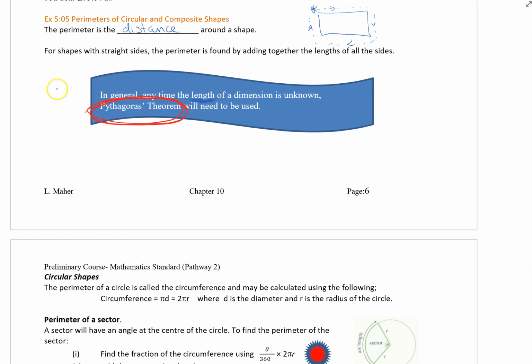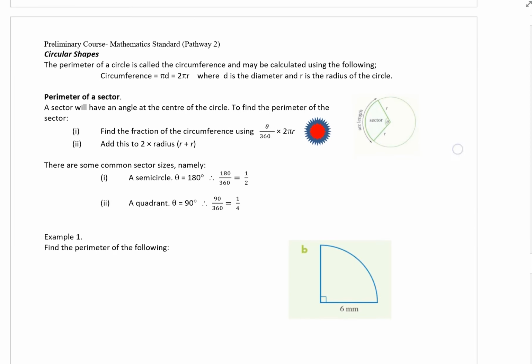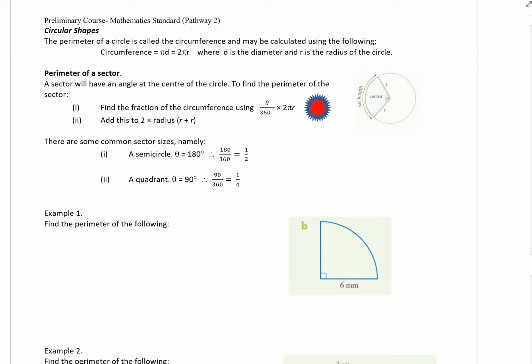So this is something that really needs to go in your summary. If the length of a side in a straight figure is missing, you will commonly need to use Pythagoras' theorem. So we'll get to practice Pythagoras' theorem.